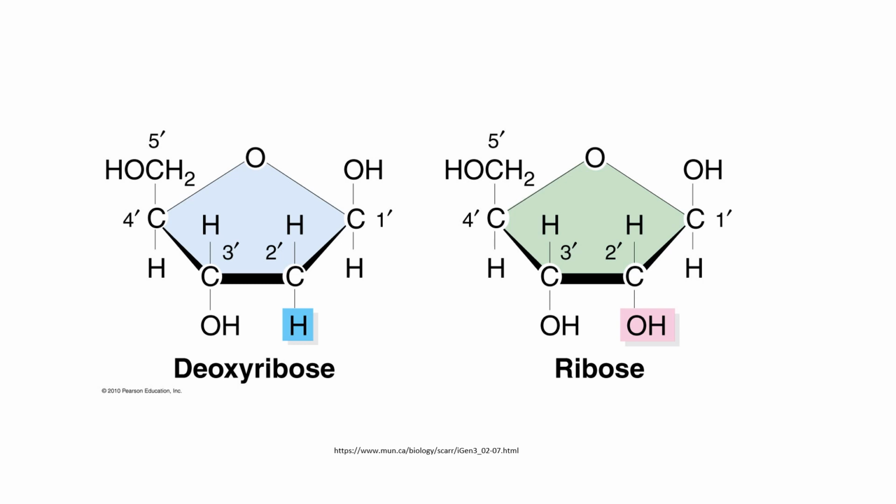And the big difference in the structure is in the number 2 carbon, where ribose has a hydroxyl group, but deoxyribose has that oxygen atom taken out. And that is why it is called deoxyribose. The difference is in the 2 carbon position, a hydroxyl group in ribose, and no hydroxyl group, but just a hydrogen atom in deoxyribose. Now, what is the big difference? What is the big deal?